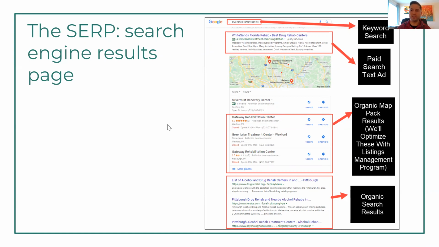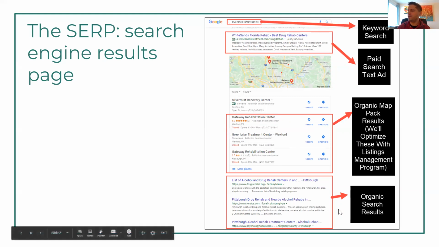What's very important for local SEO is name, address, phone number, having that consistent across the web, along with general information about your business.